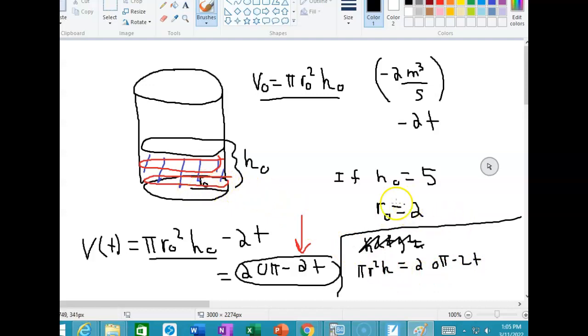The value of r was 2. So I would have 4 pi h is always going to equal 20 pi minus 2t. Divide by 4 pi, and now I get the function for h of t. So h is going to be the same thing, just divide both sides by 4 pi.